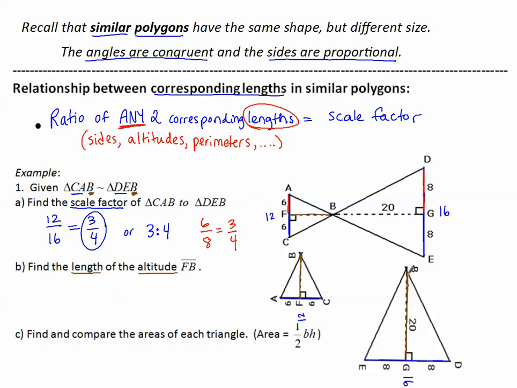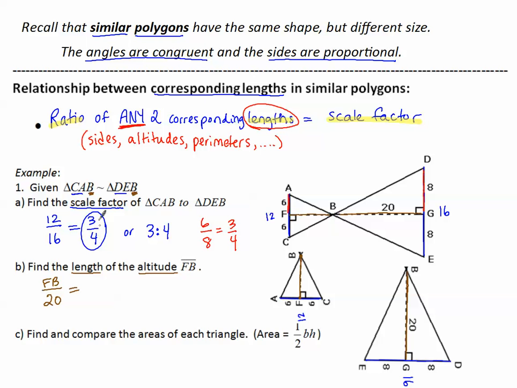So let's make a proportion to find the length of FB. We know that FB corresponds with GB because they are in corresponding positions. So FB, which we don't know, over GB, which is 20, equals the scale factor. Remember the relationship, the ratio of any two corresponding lengths is equal to the scale factor.